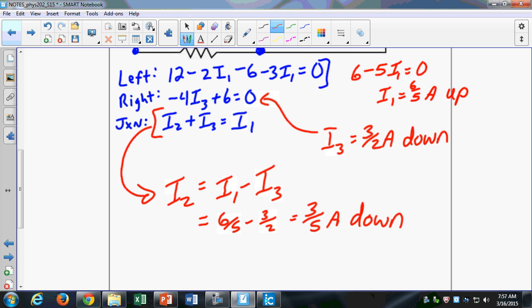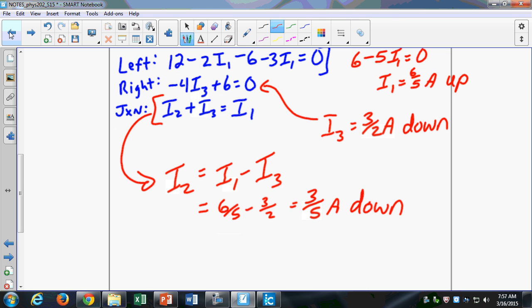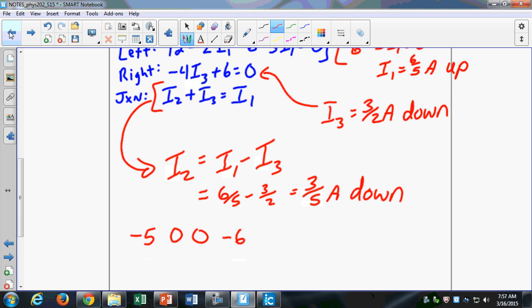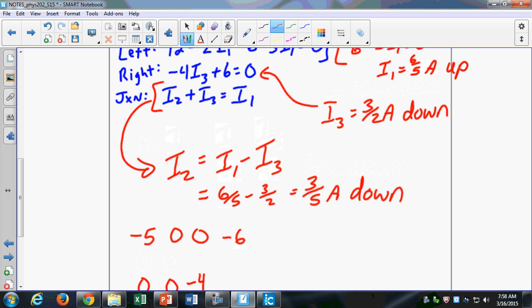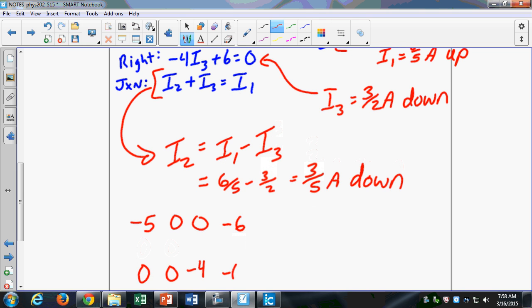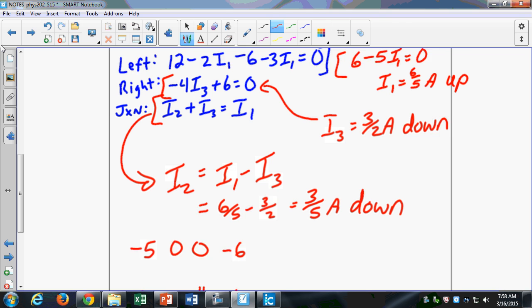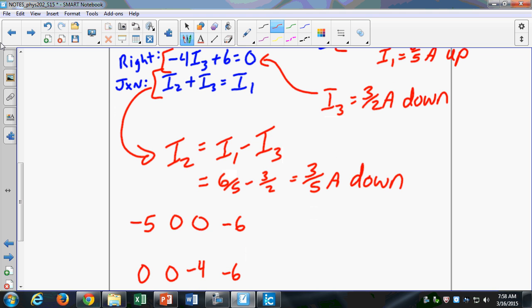Alright, if you were doing this by the matrix method, I'm not going to go through all of it, but it would look pretty simple actually. It would be minus 5, 0, 0, negative 6. That's this equation. Then 0, 0, negative 4, negative 6. That's this equation right here, just written in terms of I1 plus I2 plus I3 equals whatever your constant is.